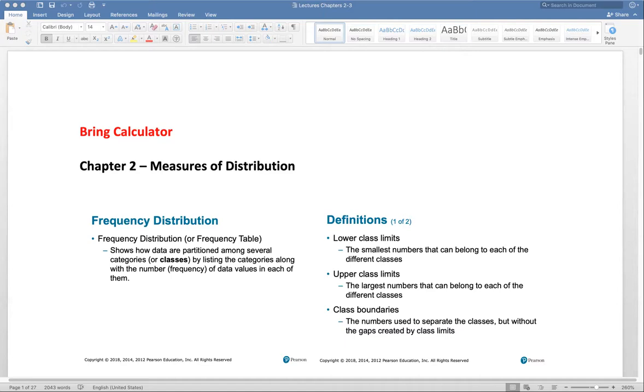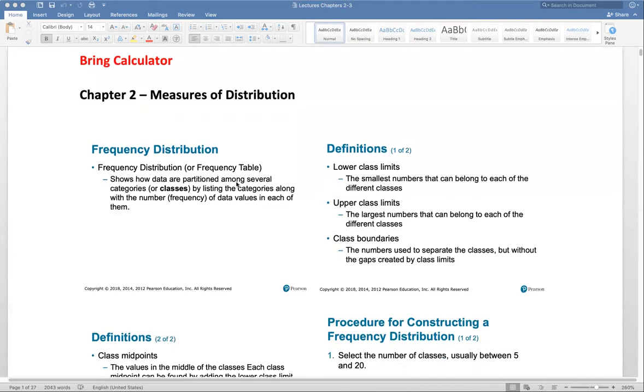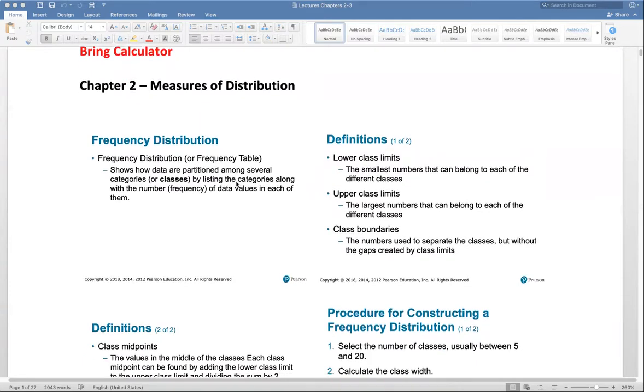That's what we did in Chapter 1, and now let's jump into Chapter 2, measures of distribution. The first topic is the frequency distribution. What is a frequency distribution? It is a table showing the classes and the number of data values belonging to each class. Let's look at the PowerPoint slide.